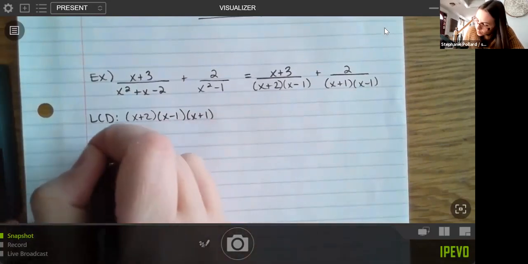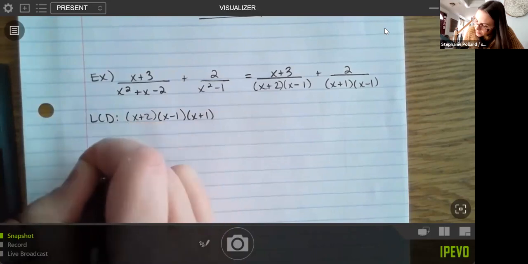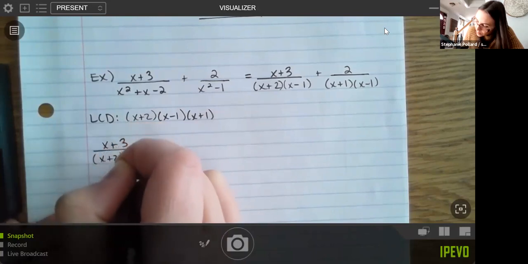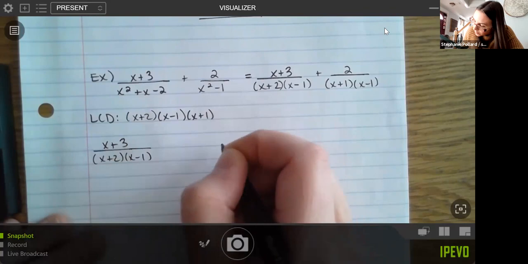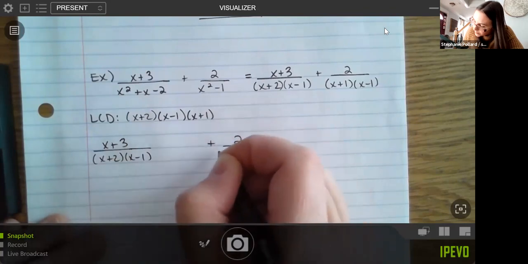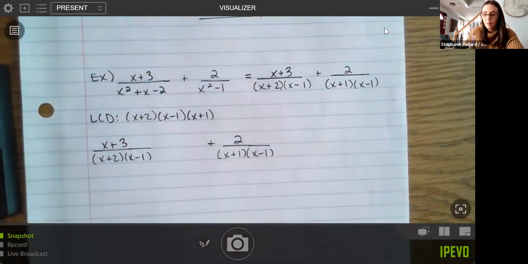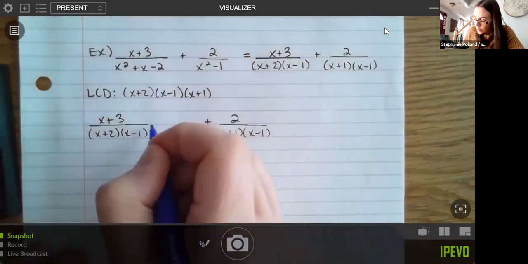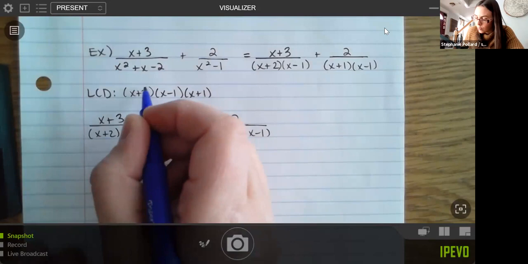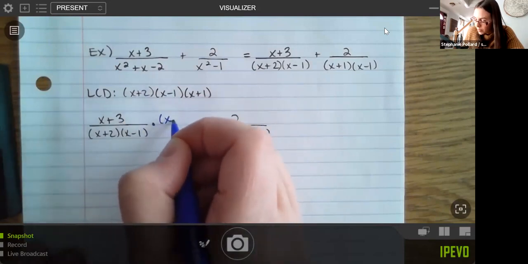So what you're going to do is take each of your factors, or each of your expressions, excuse me, and then we're going to multiply by what we're missing. So for the first group here, I have the x plus 2, I have the x minus 1, but I'm missing the x plus 1.